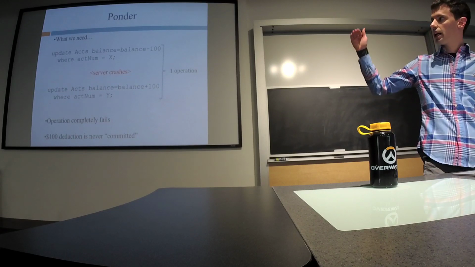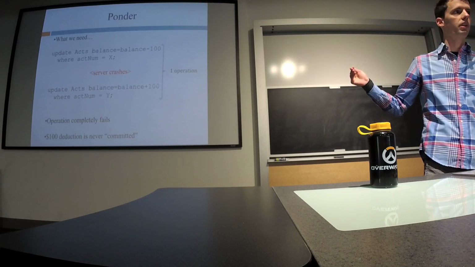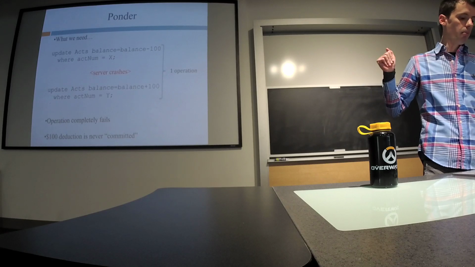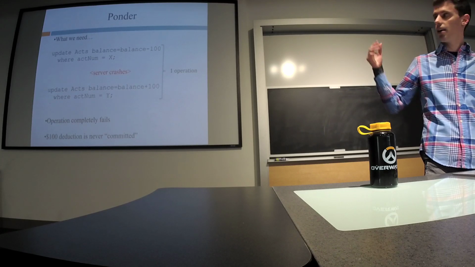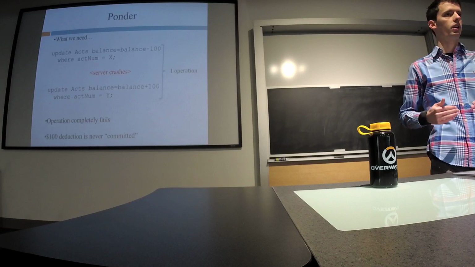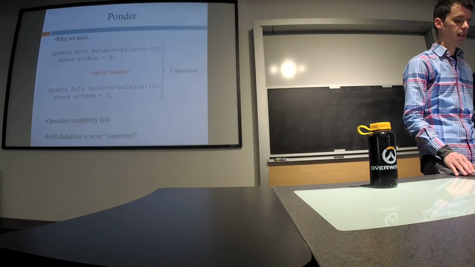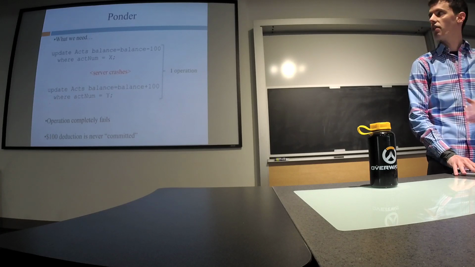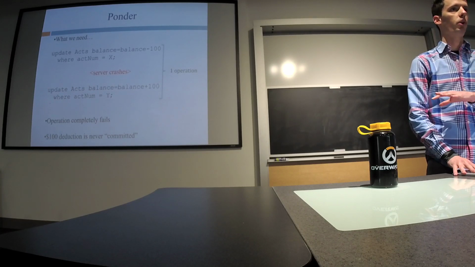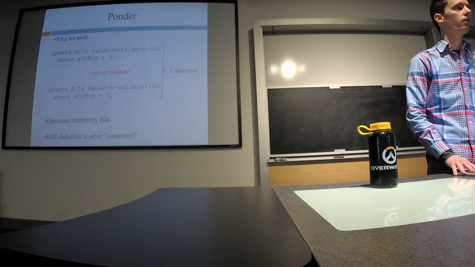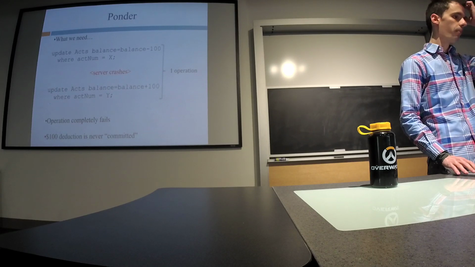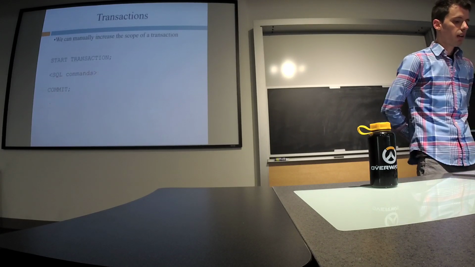Even if it got partway through and started updating one account, if this whole thing is somehow treated as one operation, and if we have ACID, then the whole thing will fail. And whatever it partially did will either never have really happened in the first place or be undone in some way. So we can do that.